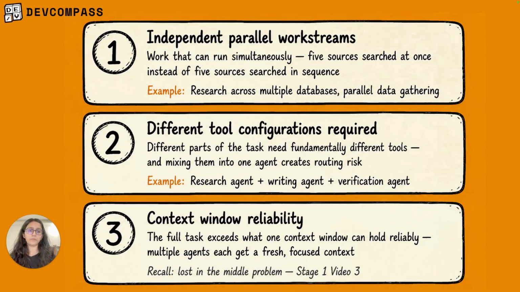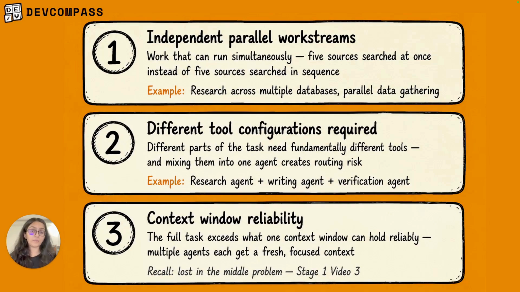Let's look at an example. A research task that requires simultaneously searching 5 different data sources. A single agent has to do it sequentially. It searches one, waits for the result, adds it to the context, searches source 2, waits, and so on. Repeat.